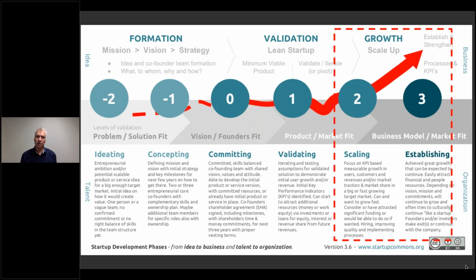You have the mission, vision, strategy, all the outputs out of these previous phases as your tools when you're entering the growth phase.